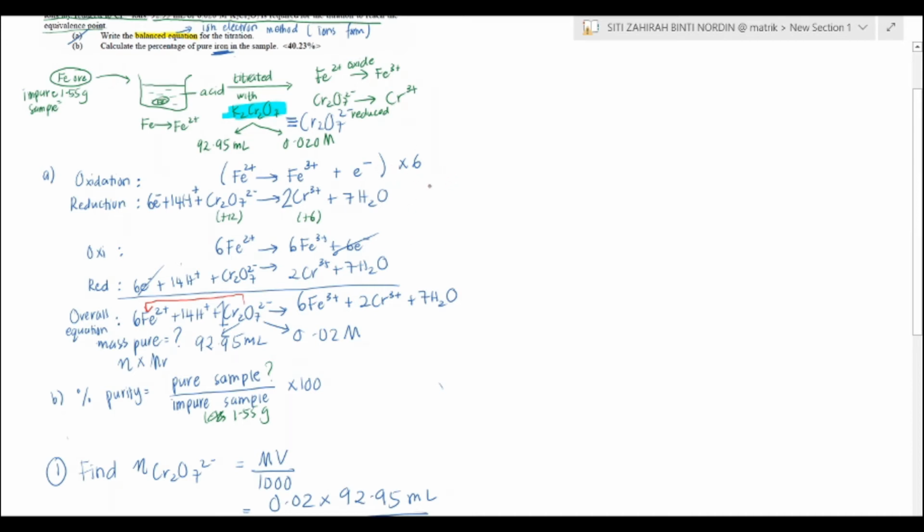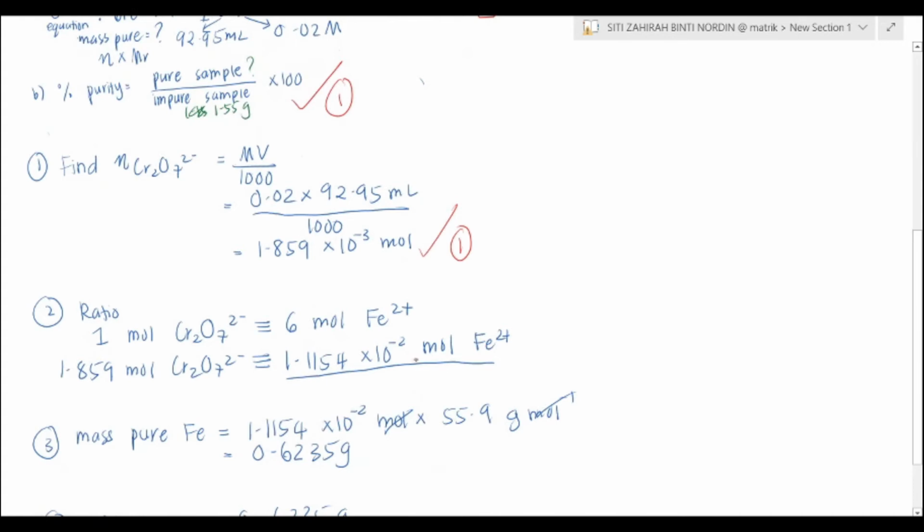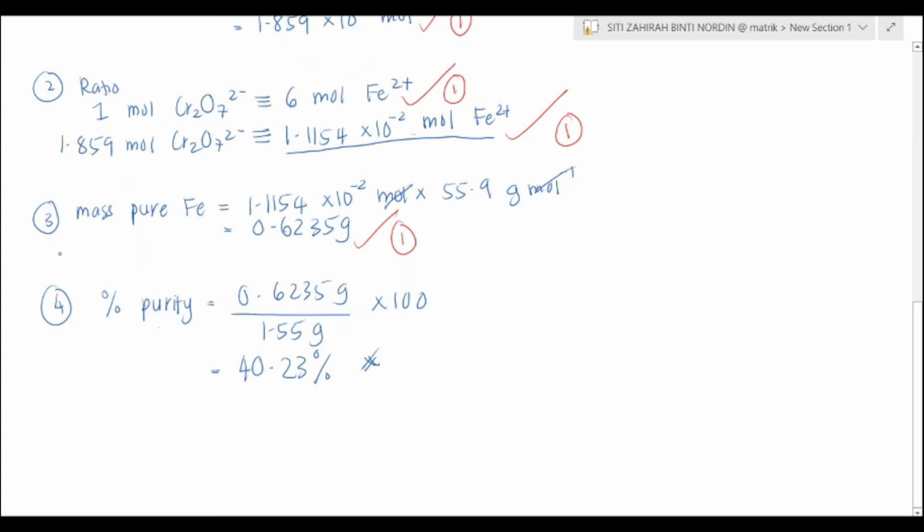First, when you balance all the oxygen atoms and everything in your half equation, and then when you cancel your electrons in your overall equation, and then when you write your formula of percentage purity, and then you find the mole for Cr2O7 2 minus, and then you do a comparison, and then you find the mole of Fe2 plus, and then the mass for pure Fe, and lastly, the percentage purity.